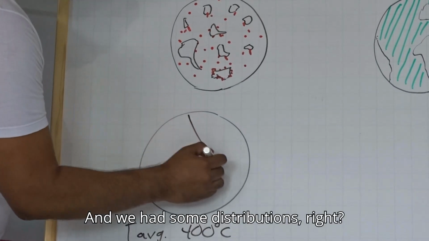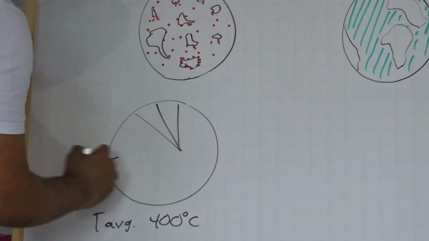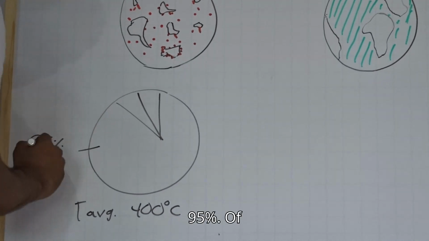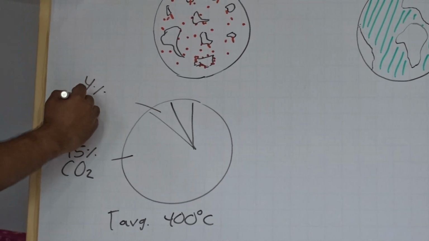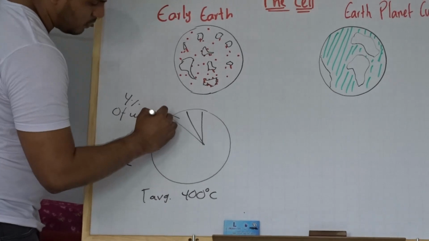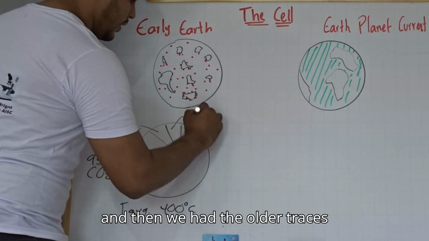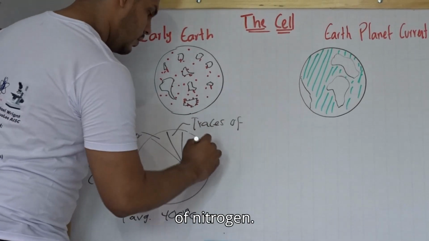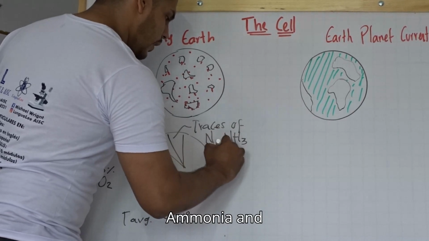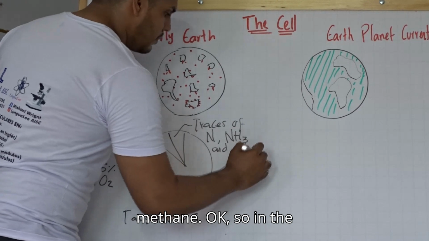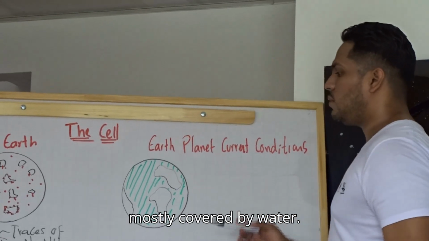The distribution was 95% carbon dioxide, 4% water vapor, and then traces of nitrogen, ammonia, and methane.